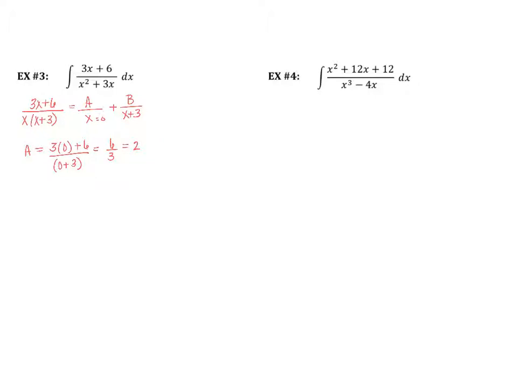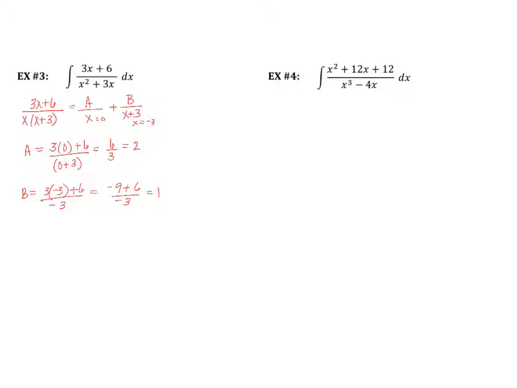And then for b, same process. Here the denominator would be 0 when x is negative 3. So I'm going to have 3 times negative 3 plus 6 over negative 3. And so I'm going to have negative 9 plus 6 over negative 3. Now it looks like that's going to be a positive 1. And so now, again, we're ready to do our integration.